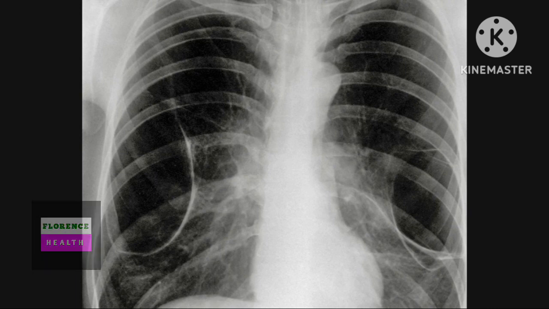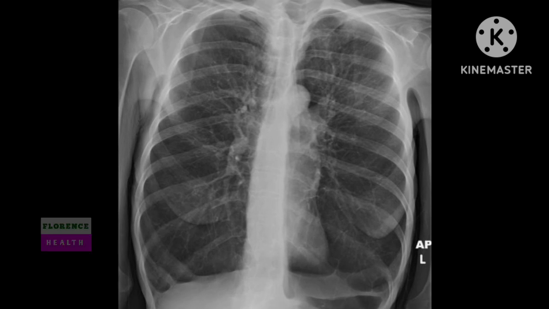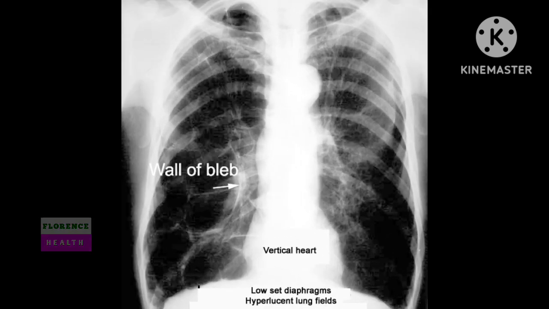Look at the X-ray where in the lung parenchyma, bulla with its margins are clearly visible. Look at the X-ray where all 5 features of emphysema are seen. Look at the X-ray where all features of emphysema with blebs are clearly visible.